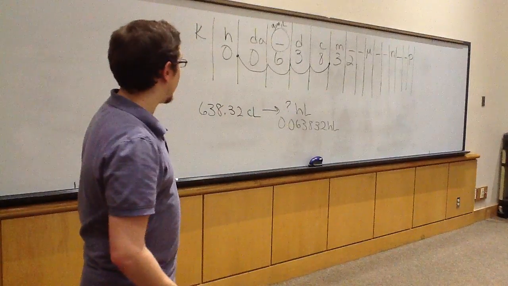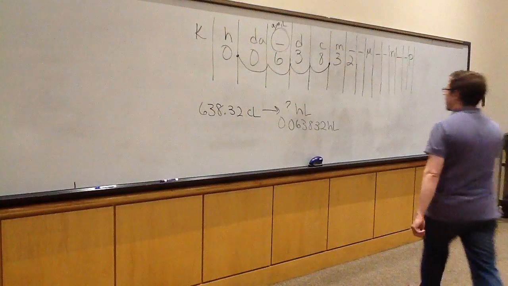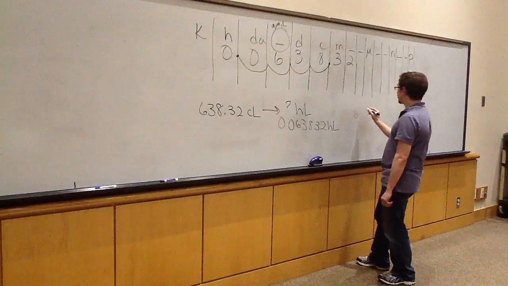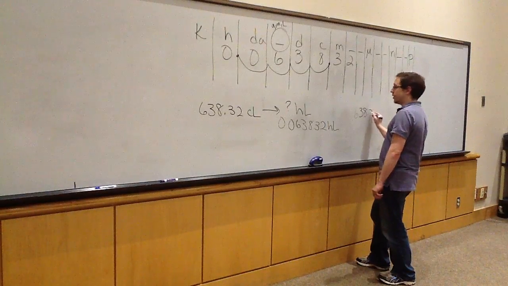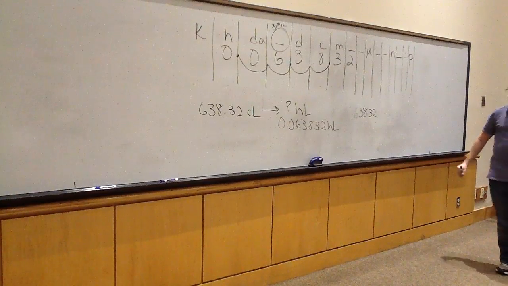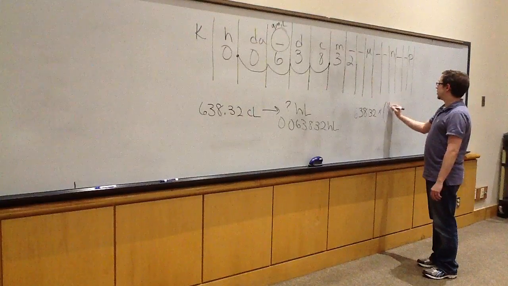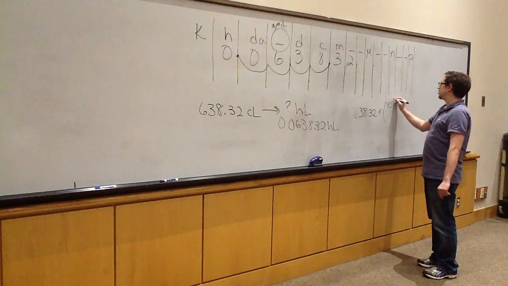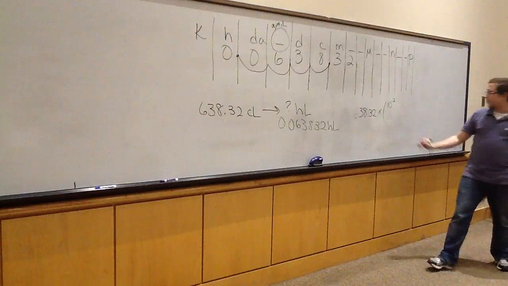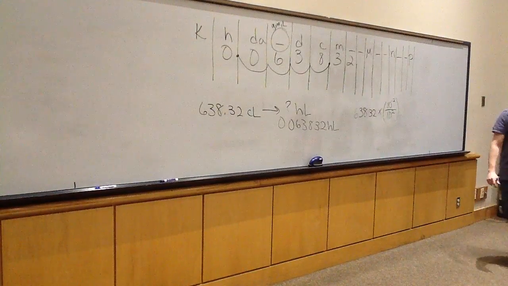All right? So now if I want to do this exact same thing using the mathematical technique, all I have to do is take 638.32, because remember I told you just write the number as is, and now I'm going to multiply it by my starting units, which centi is 10 to the negative 2, over my final units, which is 10 squared, that's what hecto is.